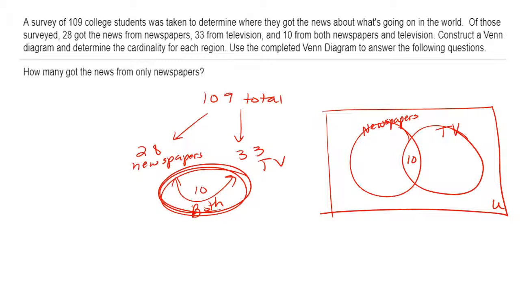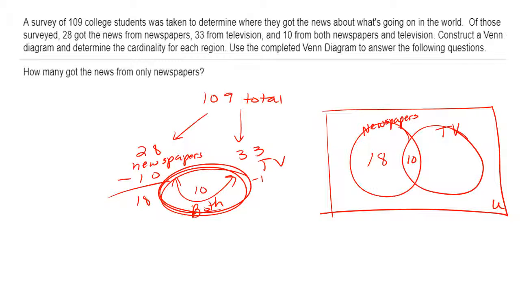Now, since 10 of those students are in the middle, I will need to subtract that 10 from the total on the newspapers. So that means I have 18 students who only read the newspaper. Now, if you look at them together, 18 plus 10 would give me the total of 28 newspaper people.